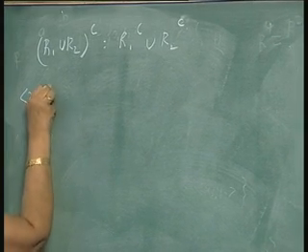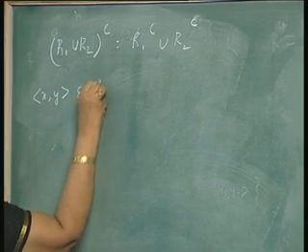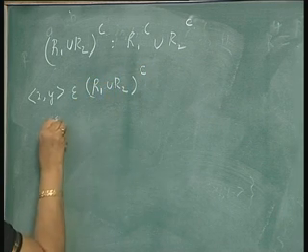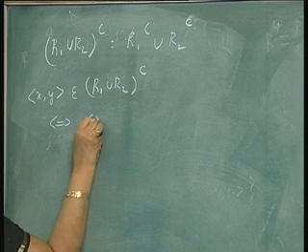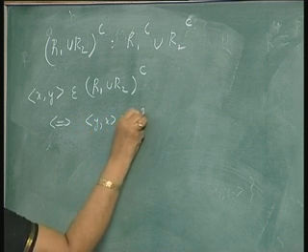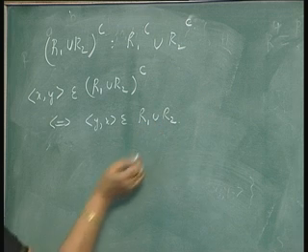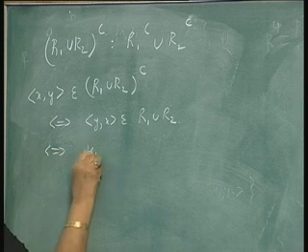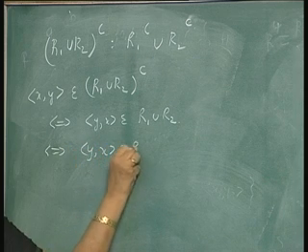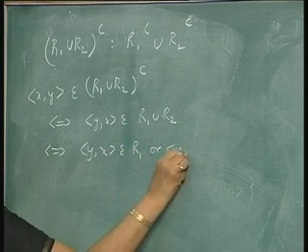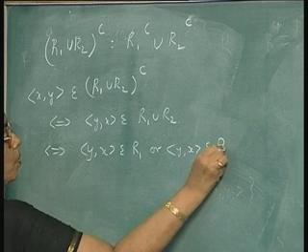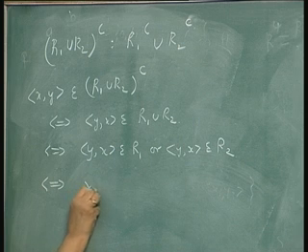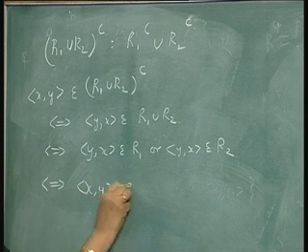If (x,y) belongs to (R1 ∪ R2)^C, this is equivalent to saying (y,x) belongs to R1 ∪ R2, and that is equivalent to saying (y,x) belongs to R1 or (y,x) belongs to R2, that is equivalent to saying (x,y) belongs to R1^C.